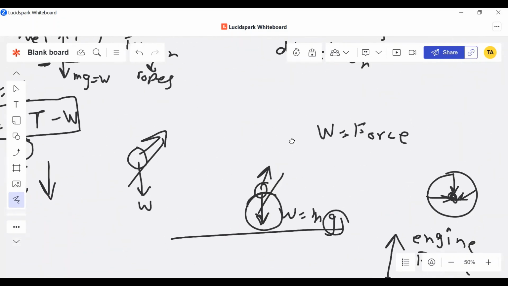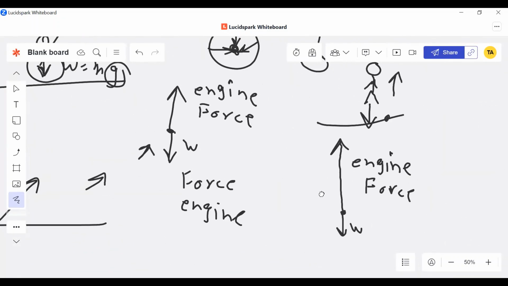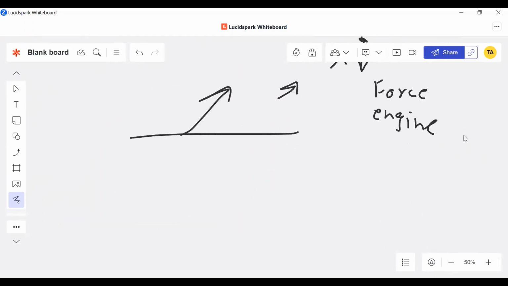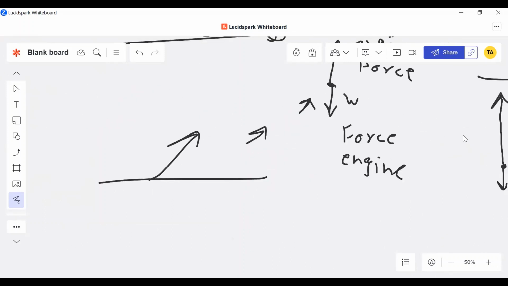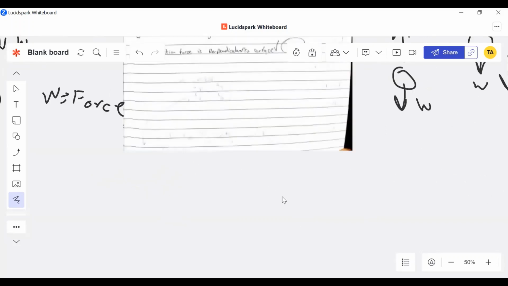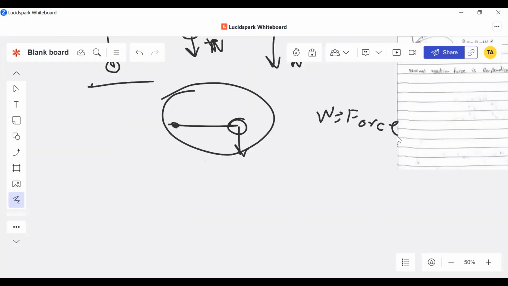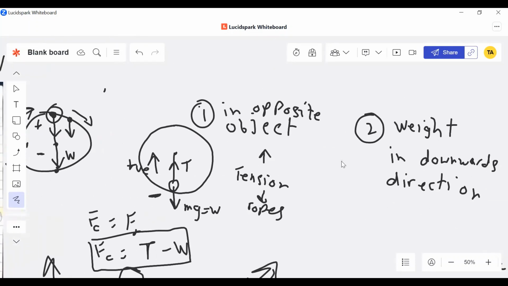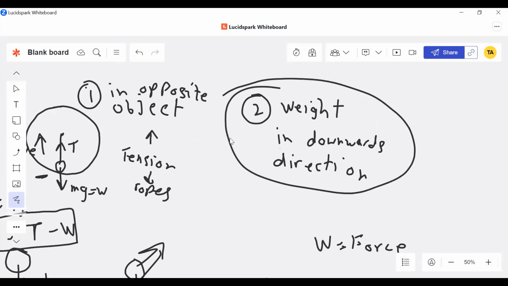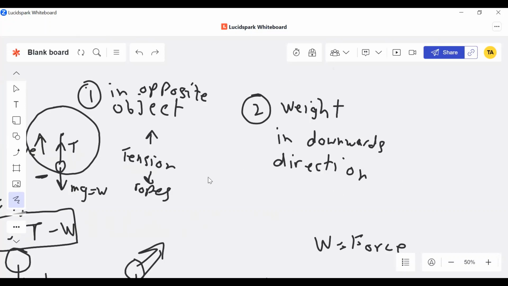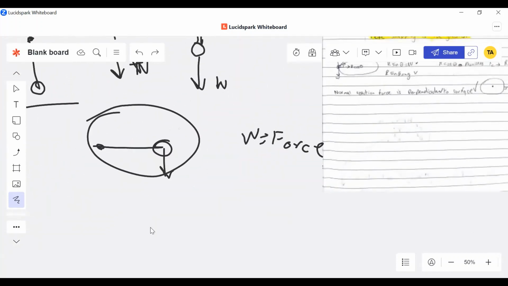It doesn't matter if the object is moving up, down, or at the center, the weight will always be in the downward direction. It doesn't matter which case the object is in. Weight is always downwards.